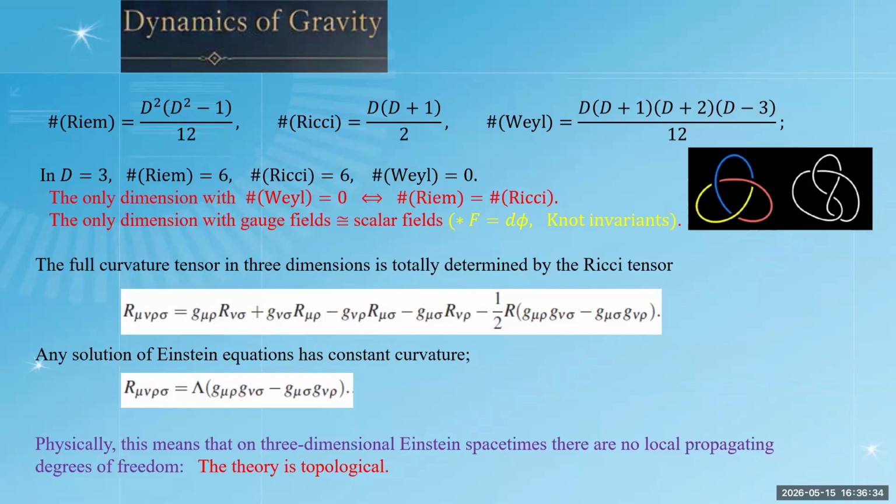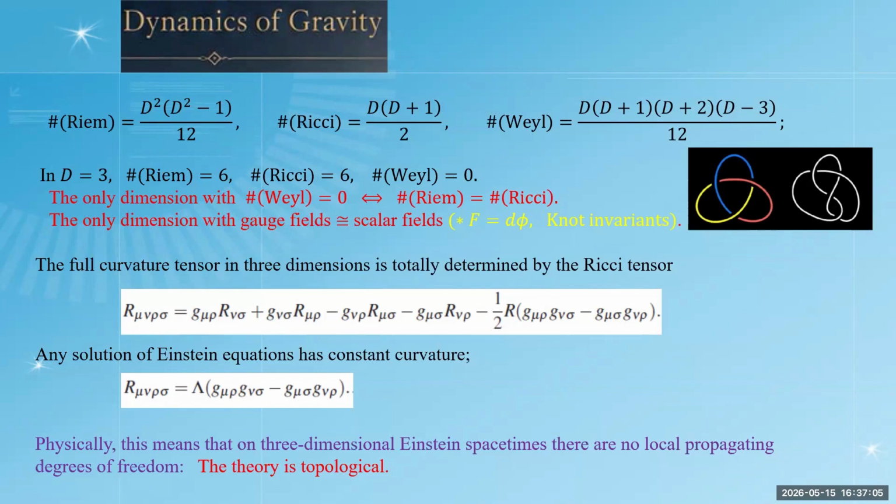And also, 3 dimension is special because the gauge field strength is a 2-form, and the Hodge dual is a 1-form. Then the 1-form gauge field can be expressed in terms of a scalar field. So there is a duality between gauge field and scalar field. And this structure is deeply related to the dot invariant. As I mentioned here, the number of Riemann tensor components is equal to the number of Ricci tensor components.